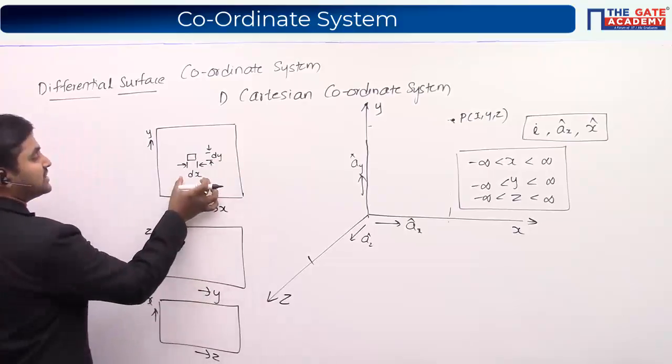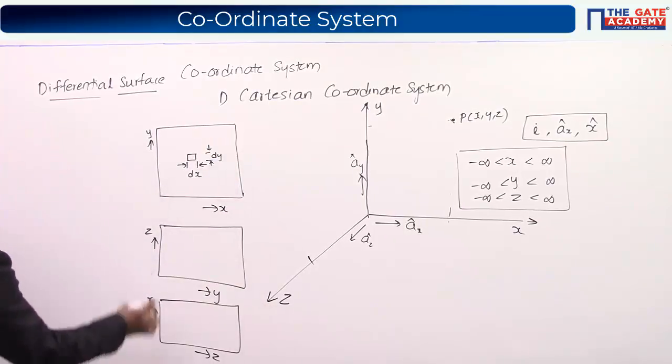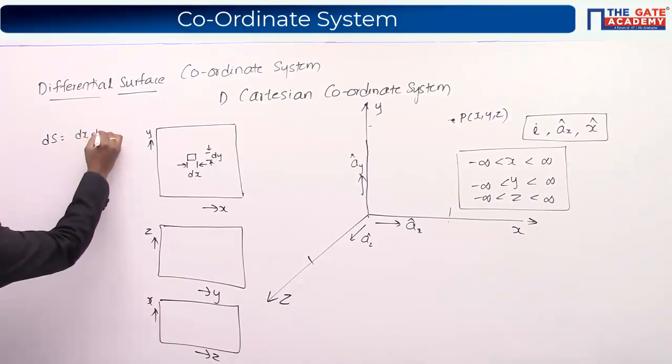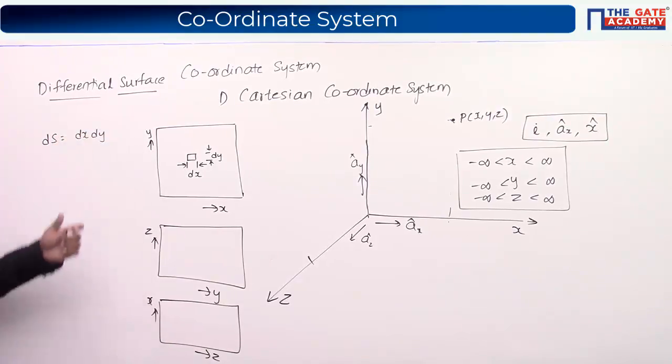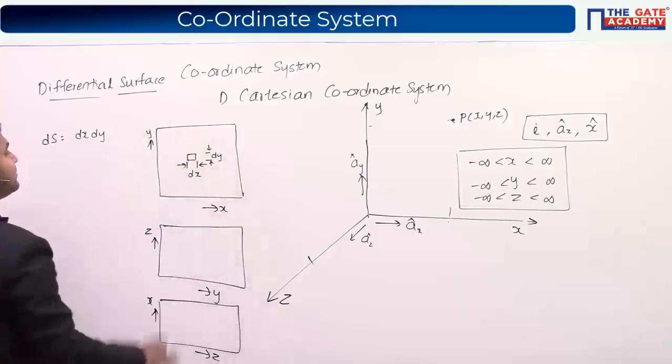The change in the x direction is dx, the change in the y direction is dy. Then the differential surface ds is given by dx dy, the multiplication of dx with dy.